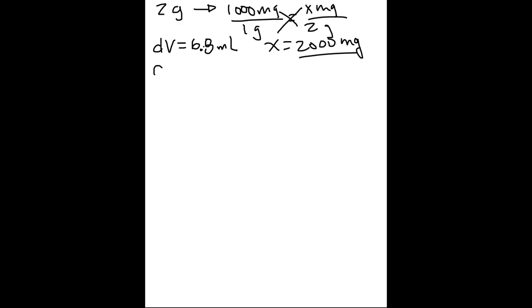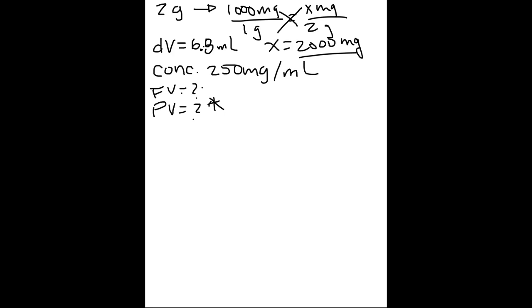And we have a concentration of 250 milligrams per milliliter. We need to know our final volume and our powdered volume, which is actually the answer that we're looking for, right? But before we can move on to our powdered volume, we first have to find out what our final volume is.